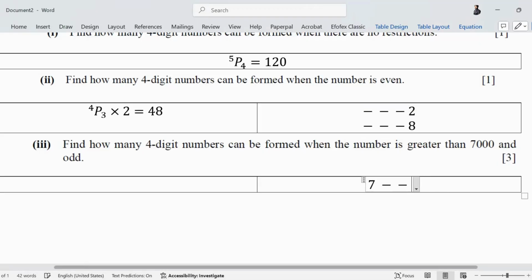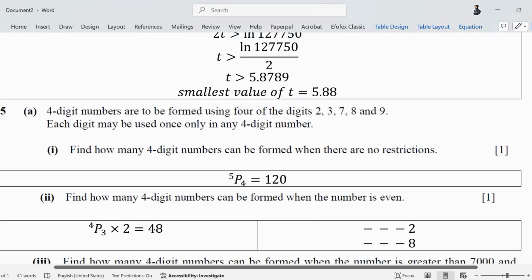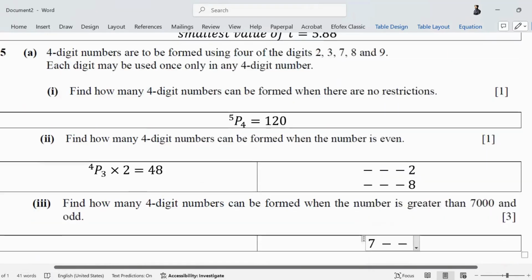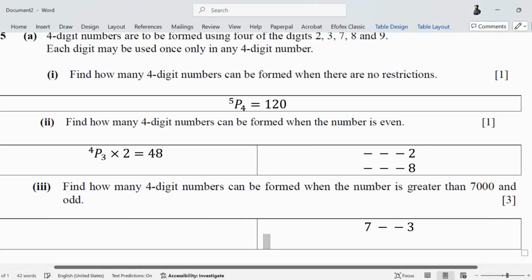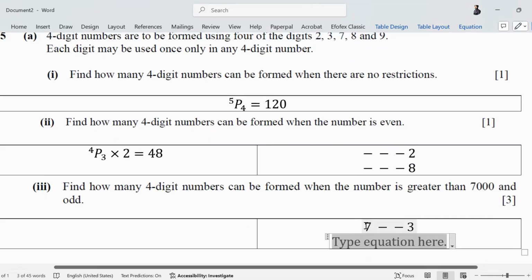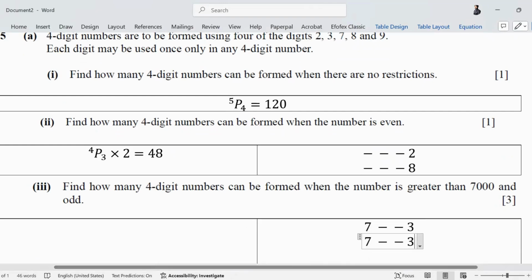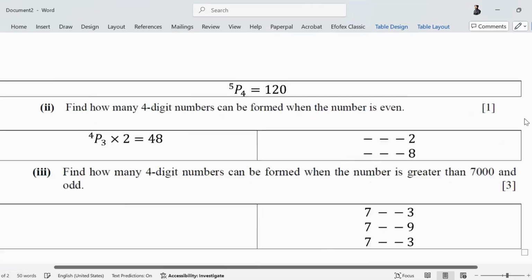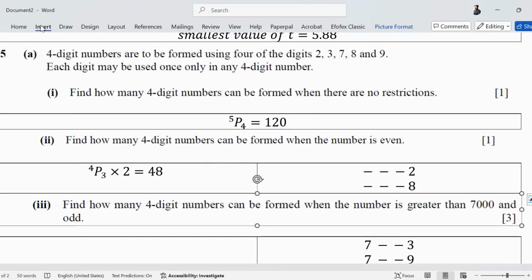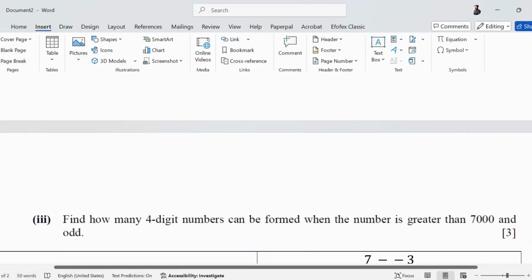So the first digit has to be 7 or more. If the first digit is 7, then for the number to be odd, the last digit can only be 3 or 9. Then what else? If I put 8 as the first digit, then 3, 7 and 9.